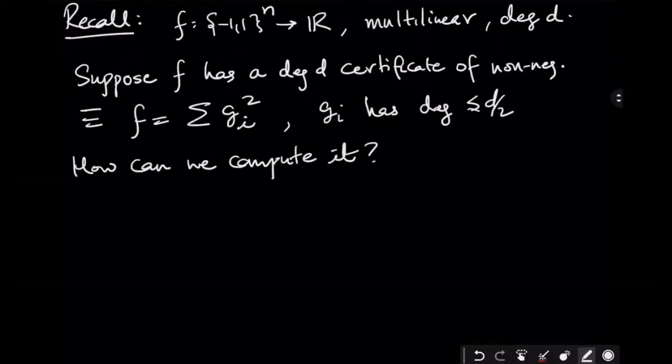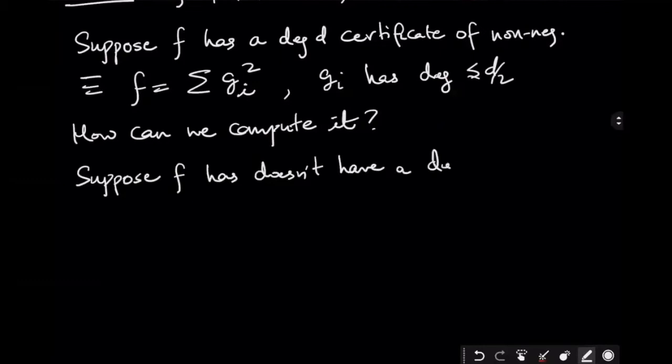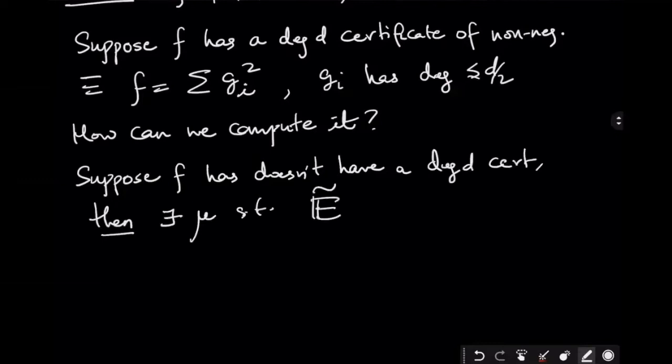We also did this duality theorem where we said, if f does not have a degree d certificate of this form, then there exists a dual object, the pseudo distribution. So suppose f does not have such a certificate, then there exists a pseudo distribution mu such that the pseudo expectation of f with respect to mu is strictly negative.